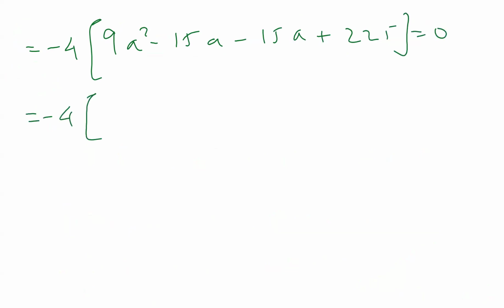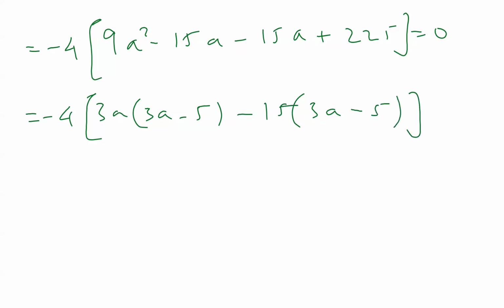Take 3a common, 3a minus 5, minus 5 common. One second, I think minus 15 common, sorry. And this is 3a minus 5.